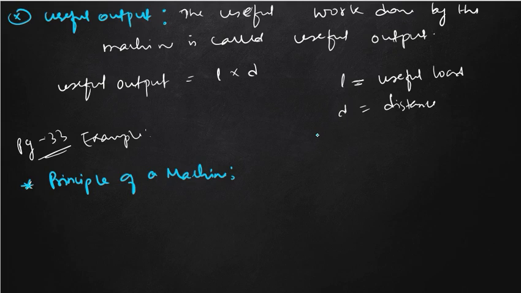It further implies that no machine will be able to do more work than the work done on it. If you have applied a work of 50 joule, it cannot do more work than 50. So why is there efficiency and useful work? Due to friction, as machine parts are not perfect, and some parts are heavy, they lose energy, and that energy we cannot count; that is the dissipation of energy.